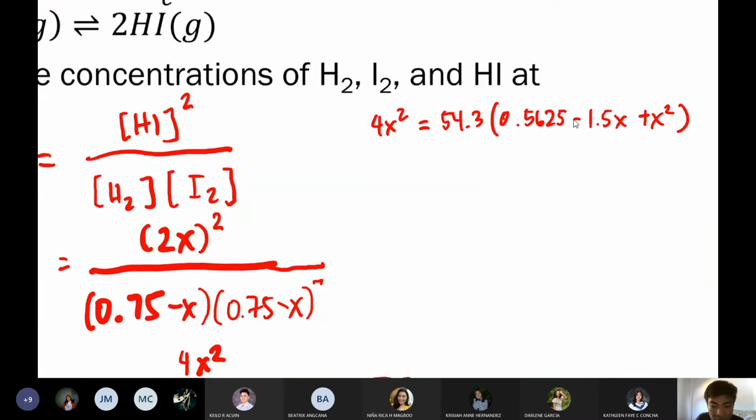So after cross multiplication, what you're going to do is to distribute this to the terms in your parentheses. Okay, so you distribute this into your individual terms. Okay, so if we have 4x squared equals, what's 54.3 times 0.5625?